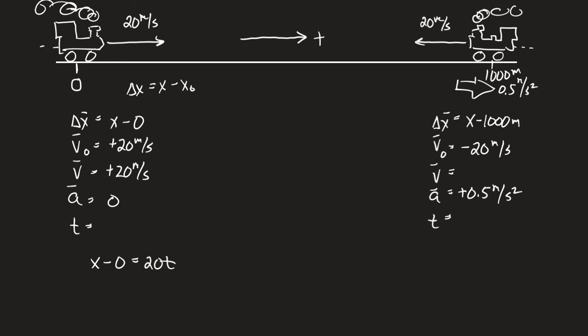Don't know the time, but I think I can put together a displacement versus time function. Because I already have a displacement versus time function for train 1, a displacement versus time function for train 2 would make reasonable sense. Yay! Is that what you guys got? That's what I got.